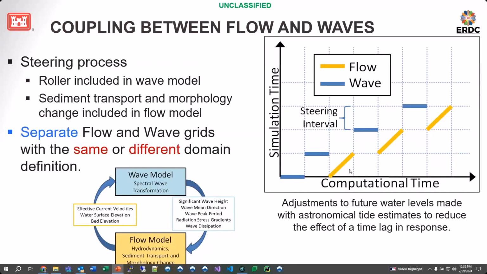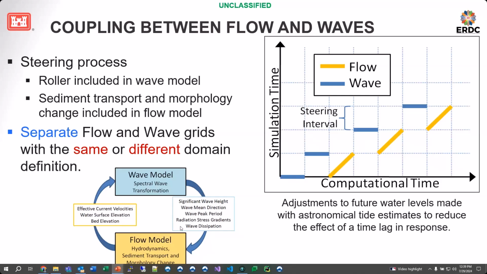And then the flow model is run between those two times, and the wave forcing changes through time until you get to that ending time. Then it runs the third time period and then does that again. So there's just an idea of how these things are running and what to expect when you're visualizing the runs going.